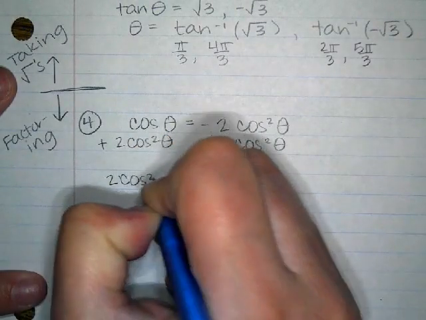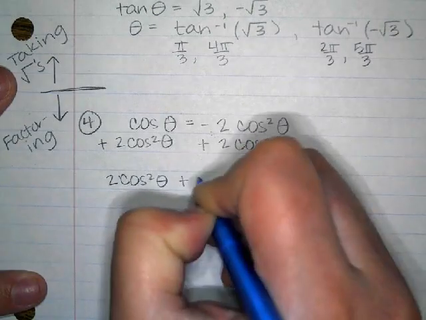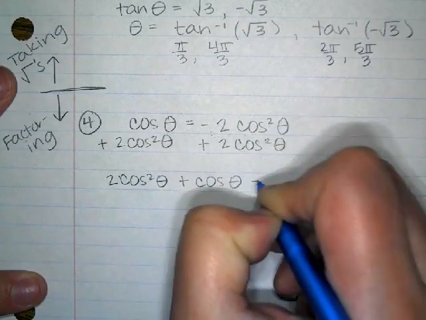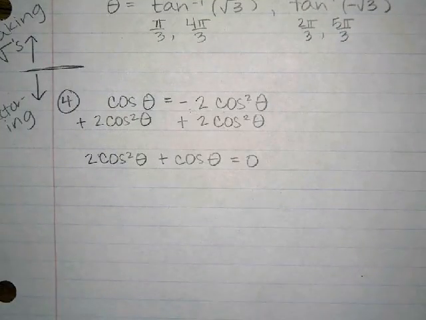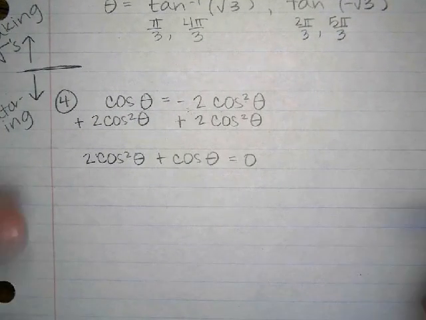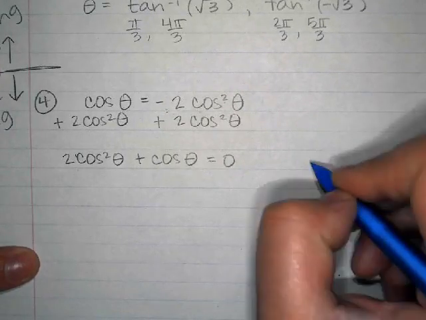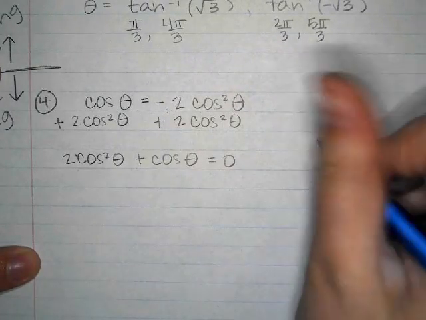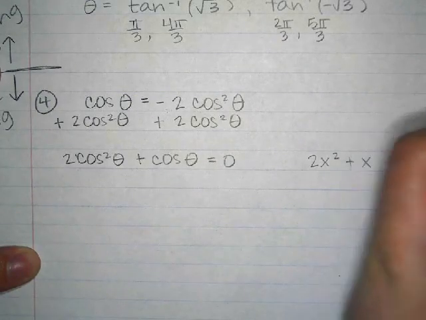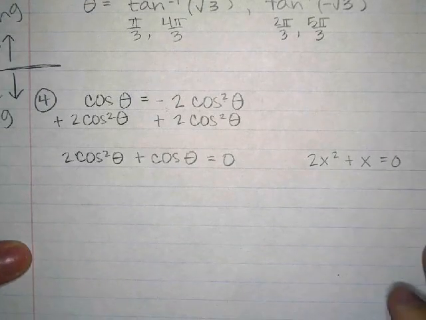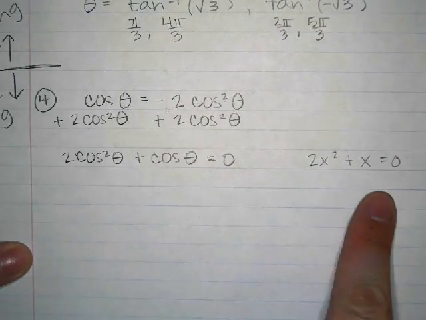And anytime you have a hard time figuring out how to factor this, what I like to do is just write it in terms of x off to the side. So this would be like factoring 2x squared plus x equals 0. That's exactly what you're doing. So can you guys tell what the GCF would be for this problem? It would be just cos.